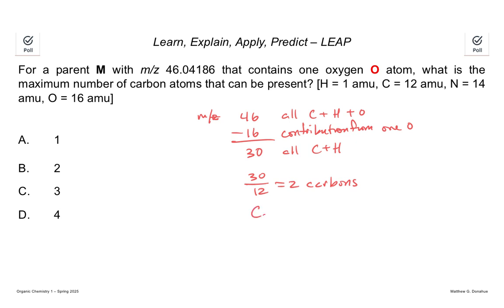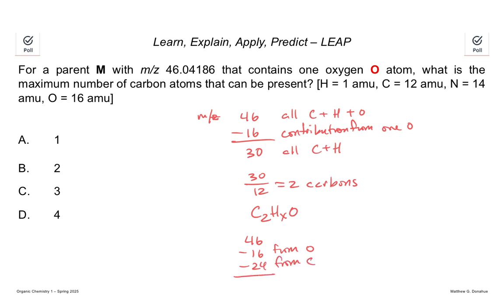So we have C2, H, I'm going to say X, and then O. Then we can say 46 minus 16 minus 24.